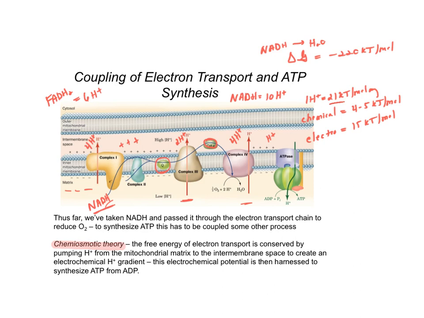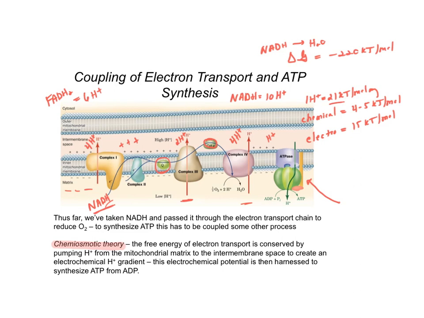Minus 21, right? So if we have endergonically pumped the proton out, if we want to release that, it's got to come back in, and we're going to get that energy back. That's going to come in the form of complex 5, which is ATP synthase. And this coupling of this electron transport to this proton gradient to the actual synthesis of ATP is what is called the chemiosmotic theory. Okay, this is what is governing this overall idea behind oxidative phosphorylation.